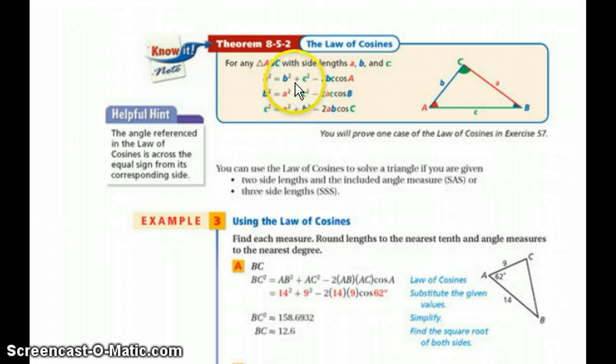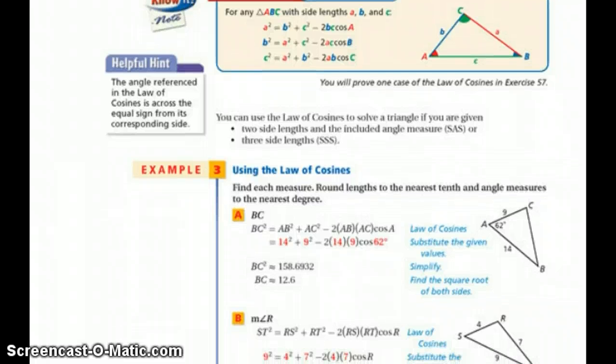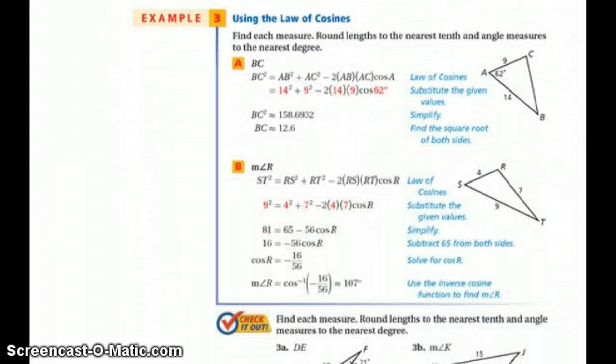A squared equals b squared plus c squared, except we're subtracting 2 times bc and then times cosine of angle A. You have to be a little bit careful how you label everything and how you look at the triangles. But again, if you just plug everything into the formula, you should be able to find the missing side or angle. And here's a couple of examples here.